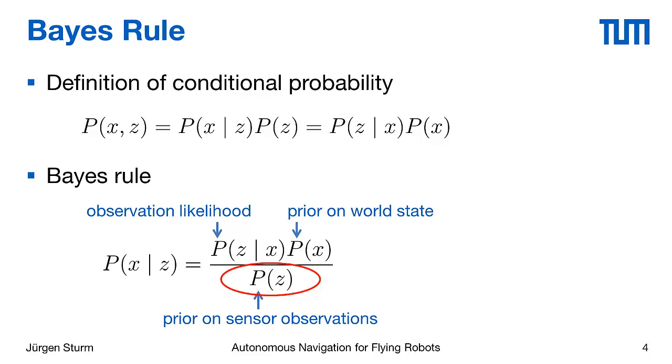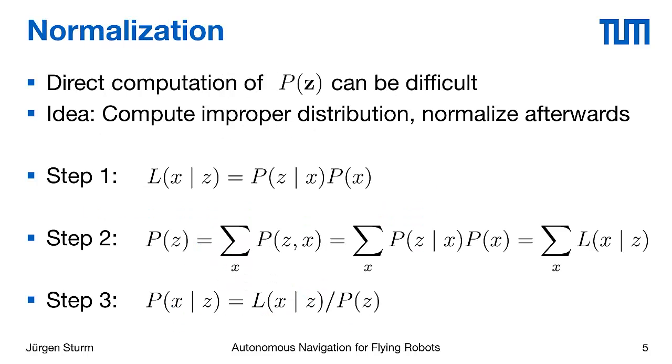But there is a nice trick actually to get around this. And now the idea is that we just ignore that for a second. We first compute unnormalized likelihoods that do not necessarily sum to 1. So we compute the likelihood of x given z just without the denominator.